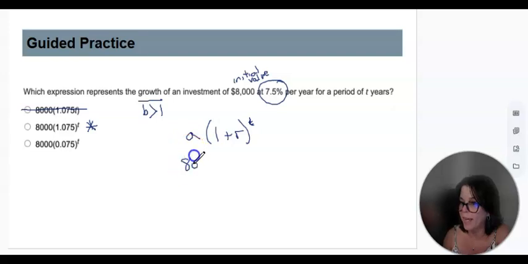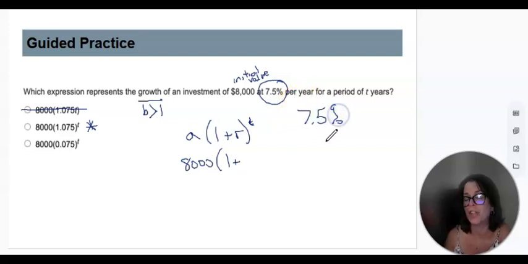So if we have the 8,000 in front, we just need to take 7.5% and change it to a decimal. Now I know there's a decimal already there, but remember, percent to a decimal is smaller. You're going to take that decimal and move it 2 places to the left and fill in any gaps with a 0. 0.075.